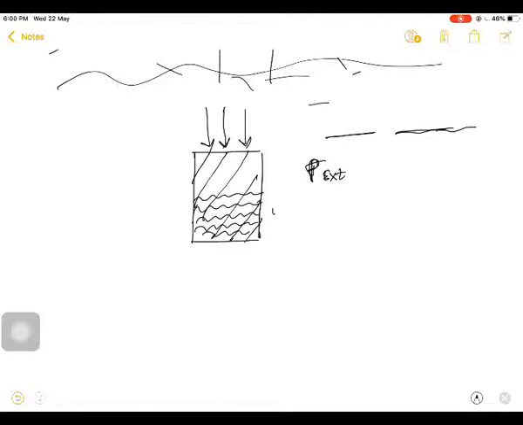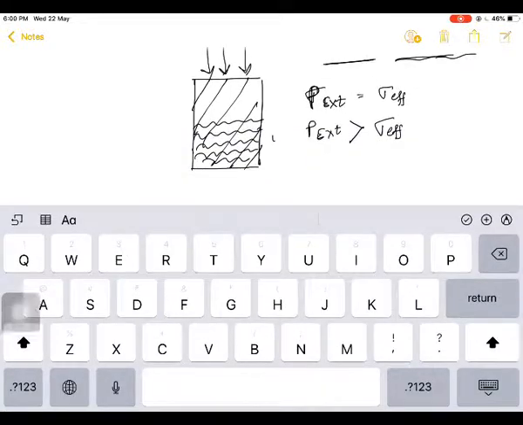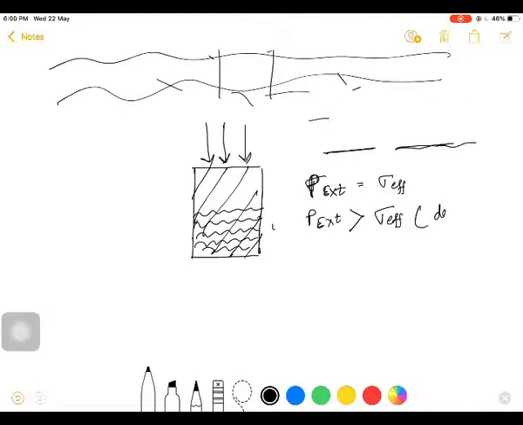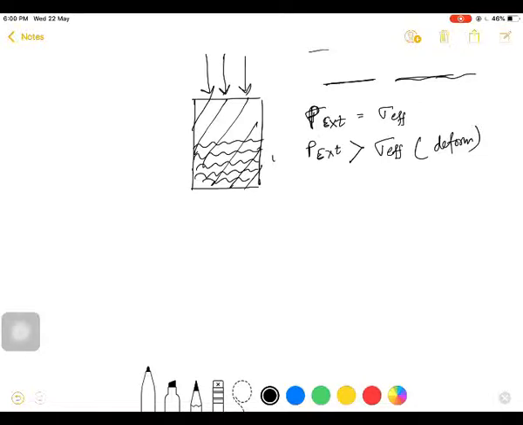If external pressure equals effective stress, then your soil doesn't deform. When external pressure is greater than sigma effective, then your soil starts to deform. But can it ever happen that P external is greater than sigma effective, which is 0?